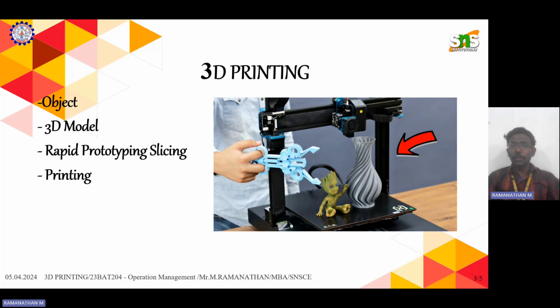Automatically, based on the material loaded in the 3D printing machine and based on the design, the particular product will be created layer by layer. So printing is important. For that, 3D printing always has separate software for designing. Once you give the design, that particular product or object will be created automatically.